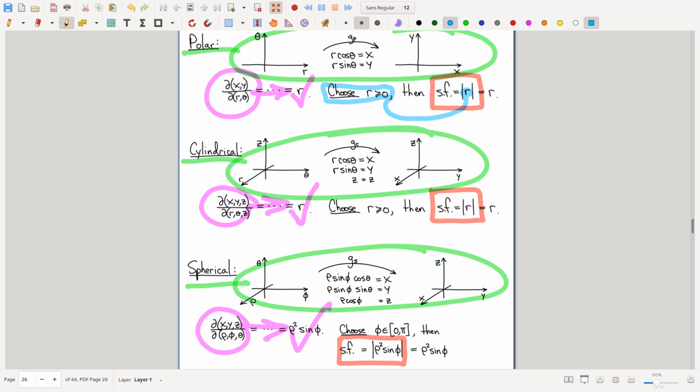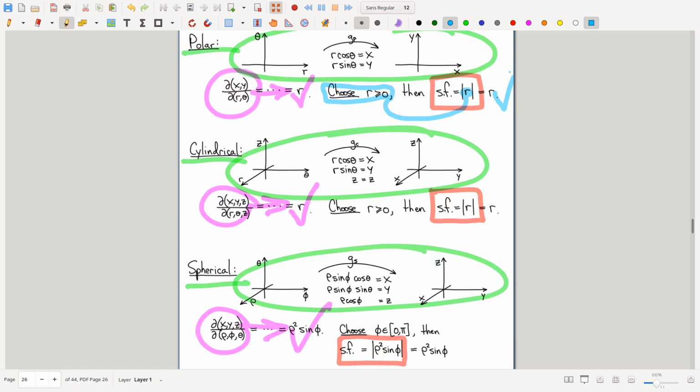I don't need to say absolute value of something if that something's already known to be positive. So I'm going to make the following choice, and I emphasize this is a choice. This is not a law. You don't have to do this, but there's no reason not to do it. You absolutely should do it. I'm just going to choose to always use non-negative values for r, henceforth. As long as I stick to that rule, as long as I always choose r to be greater than or equal to 0, I can ignore the absolute values.